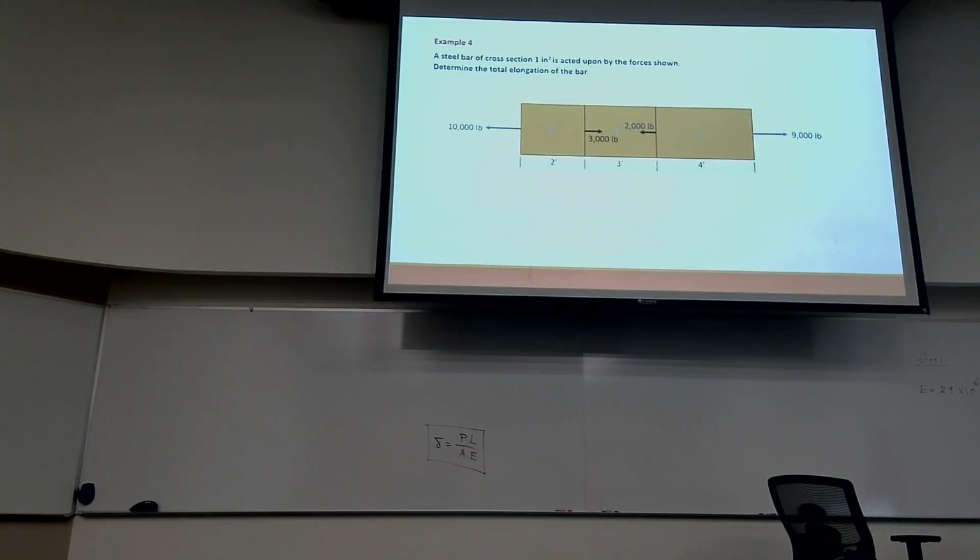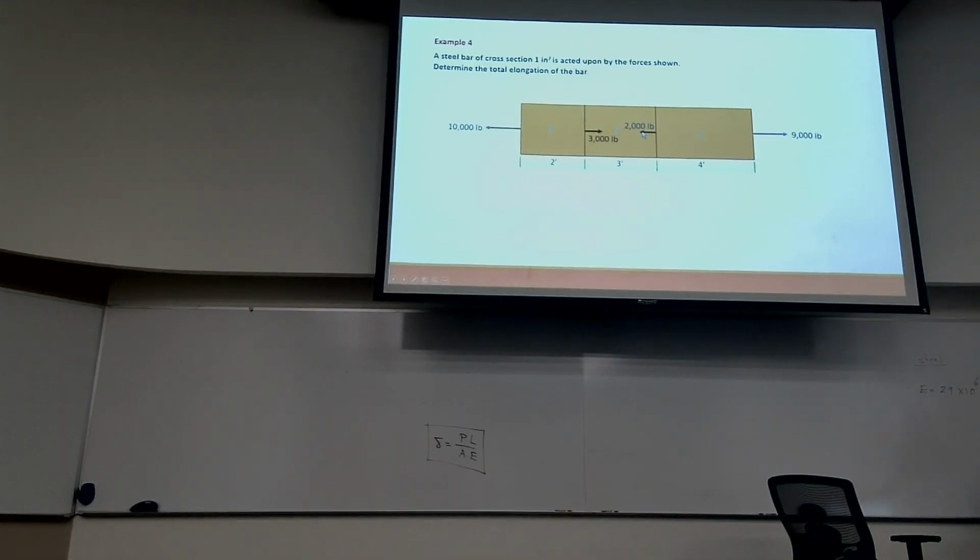If you look at the forces, they do add up to 0. We have 10,000 pounds to the left and another 2,000 pounds to the left, so 12,000 to the left, and we have 9,000 to the right and another 3,000, so that's also 12,000 pounds to the right.